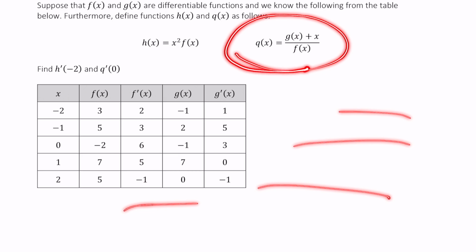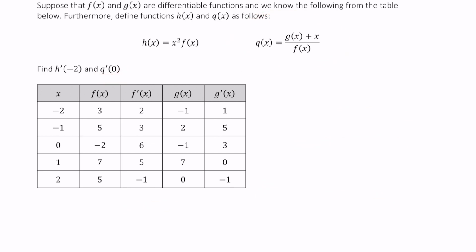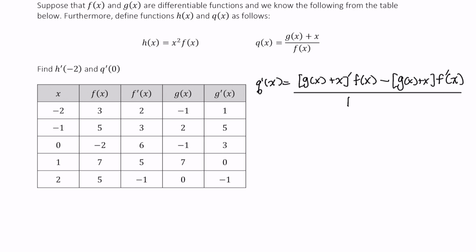As you can see, I cleared my workspace so we can find a derivative function for q and then evaluate this derivative function for q when x equals 0. So q prime of x is equal to the derivative of our numerator, g of x plus x, times the denominator, minus our numerator, no derivative, times the derivative of our denominator, and divided by the square of the denominator.